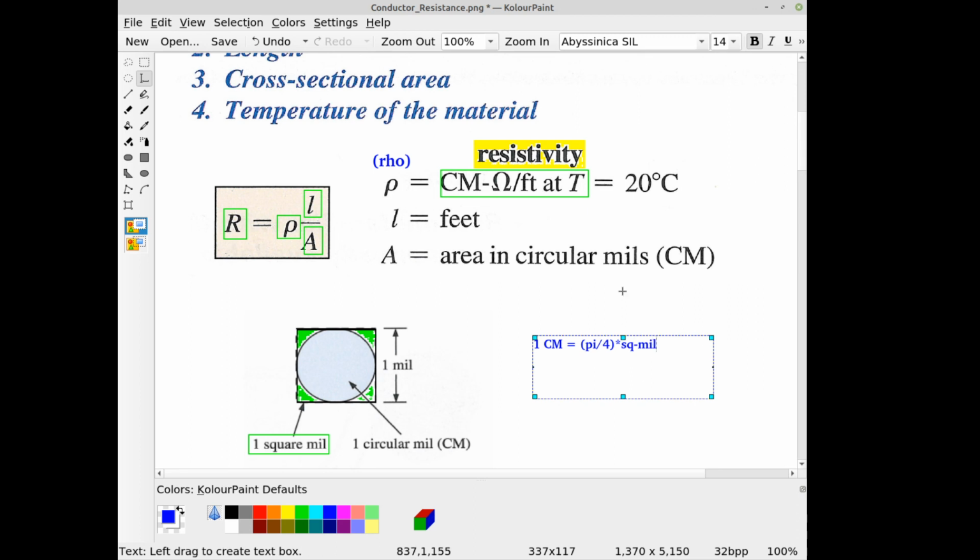Okay, so if you're dealing with a rectangular material, but your chart is using circular mils, you'll have to do this conversion to convert the rectangular cross-sectional area into circular mils. Otherwise, you will be off a little bit. So make sure that you're using the correct units.